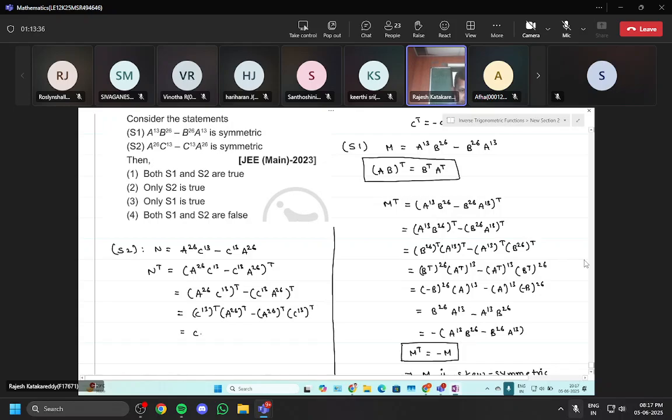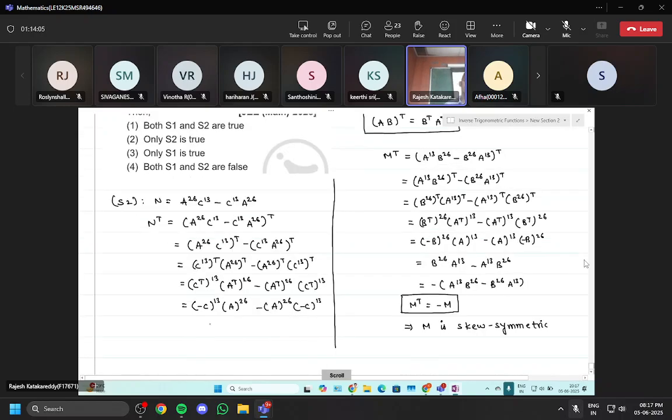Now transpose and power, let us interchange. C transpose whole power 13, A transpose whole power 26, minus A transpose whole power 26, C transpose whole power 13. C is skew symmetric, A is symmetric. Minus C power 13, A power 26 minus A power 26 into minus C power 13. So like minus 1 power odd integer, it will be minus only.